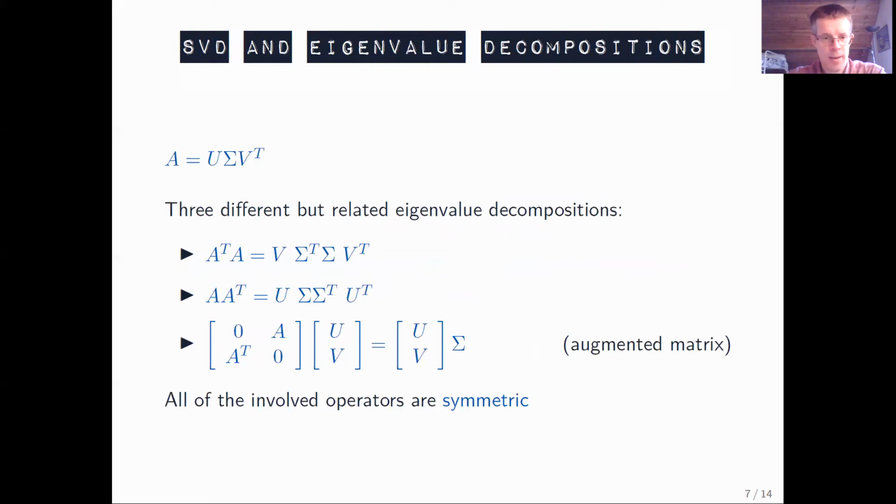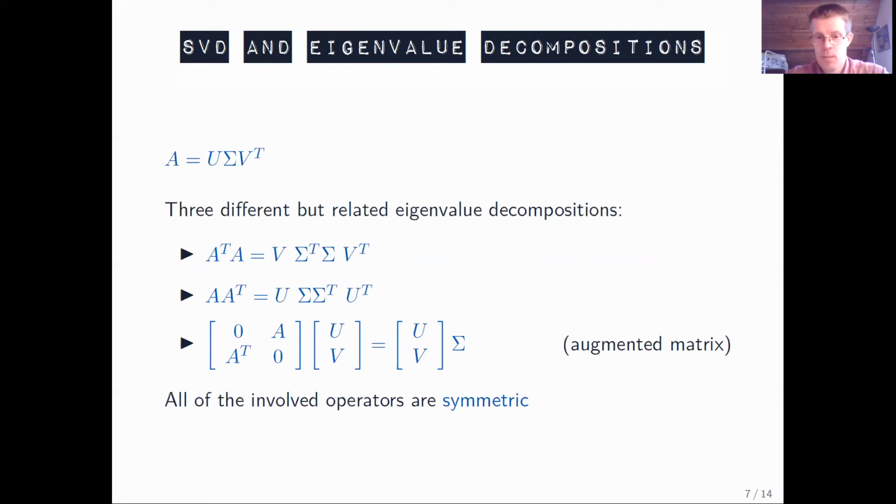This is a maybe relatively well-known slide. It gives a nice relation of the SVD with 3 different but related eigenvalue decompositions. And the operators arising here are all symmetric. So this A^T A, A A^T, and this augmented matrix, they're all symmetric.